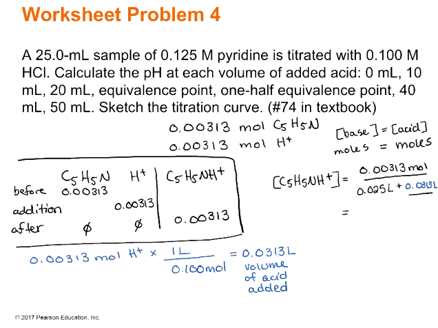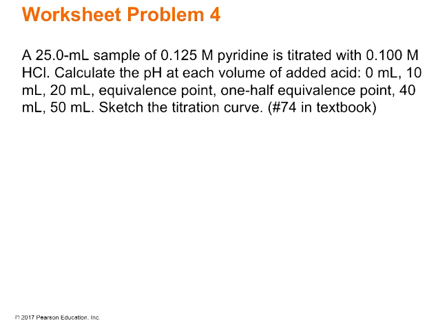Okay, so let's calculate the concentration of the conjugate acid. And it should come out as 0.056 moles per liter. Okay, so now we need to make an ice table. So let's look at the reaction of our conjugate acid with water, since that's all we have in solution right now.